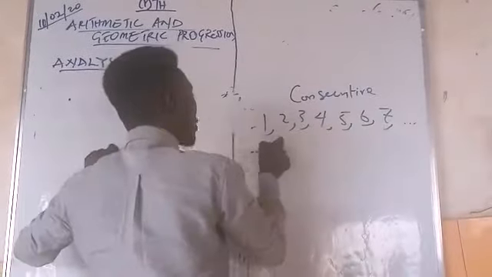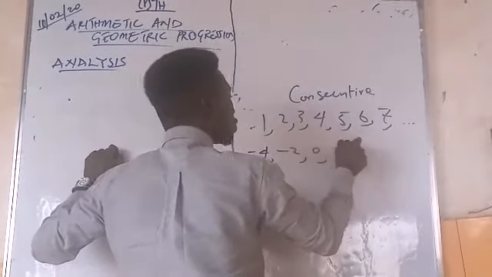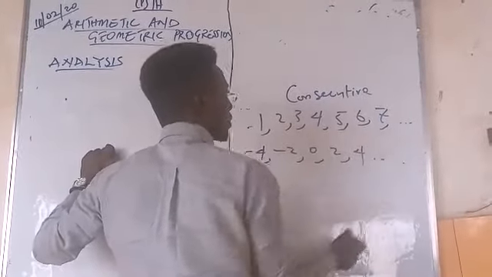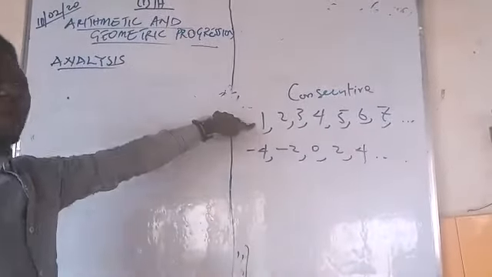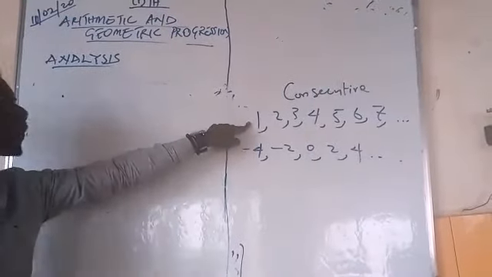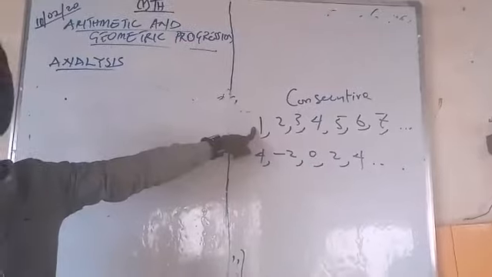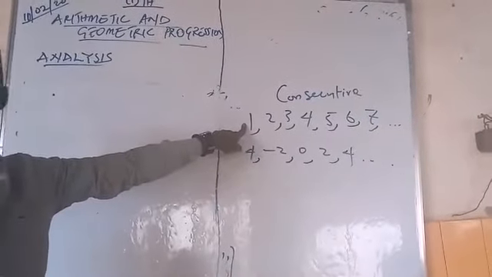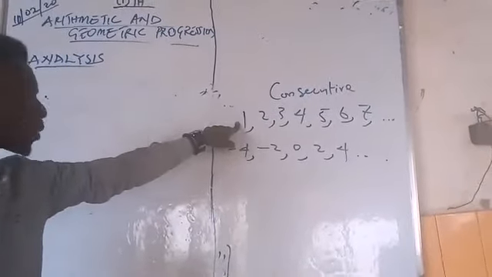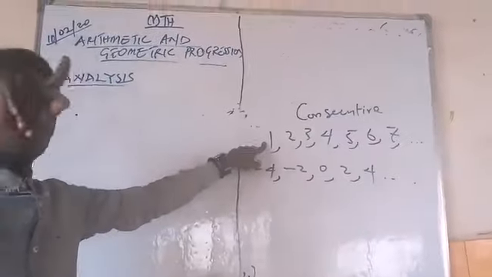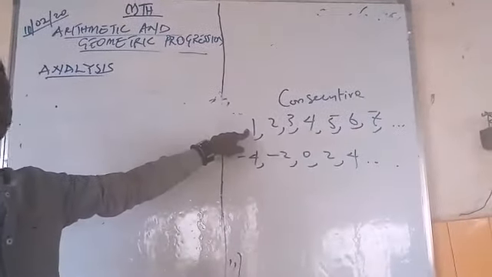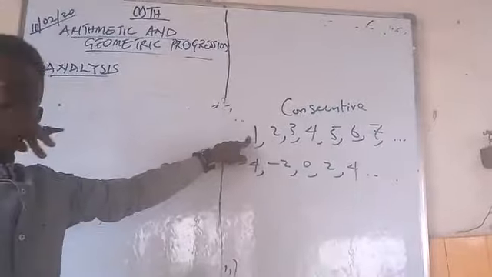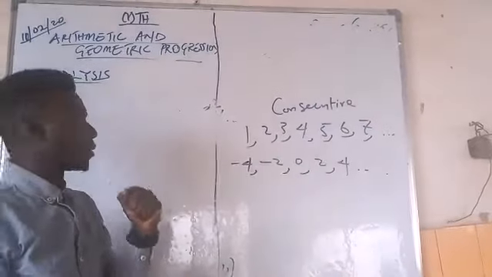You also have minus 4, minus 2, 0, 2, 4, and so on. Is this a sequence? The first one, is it a sequence? Yes. It's a sequence. I want to build that confidence in you. Many of you know something, but you are not always sure.